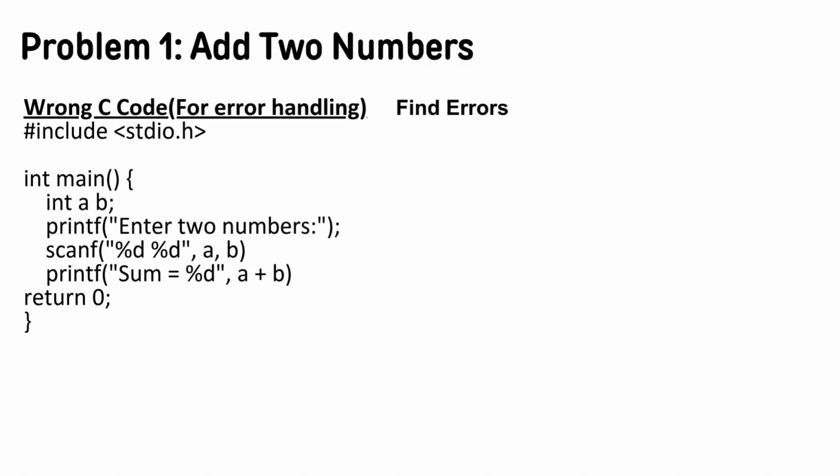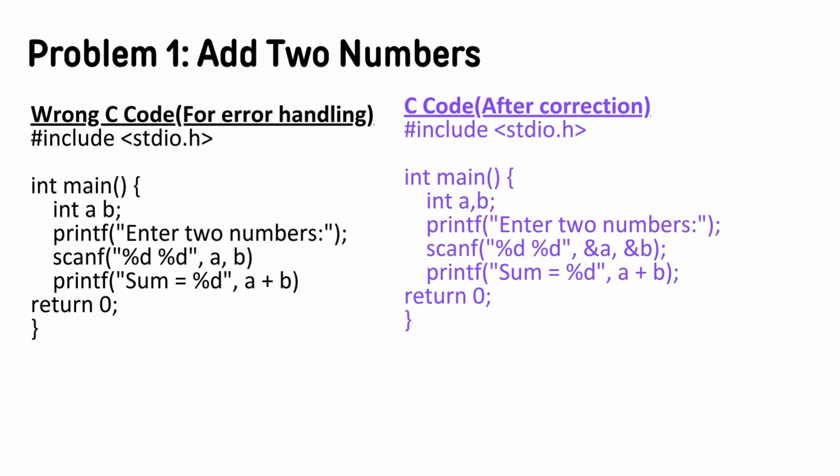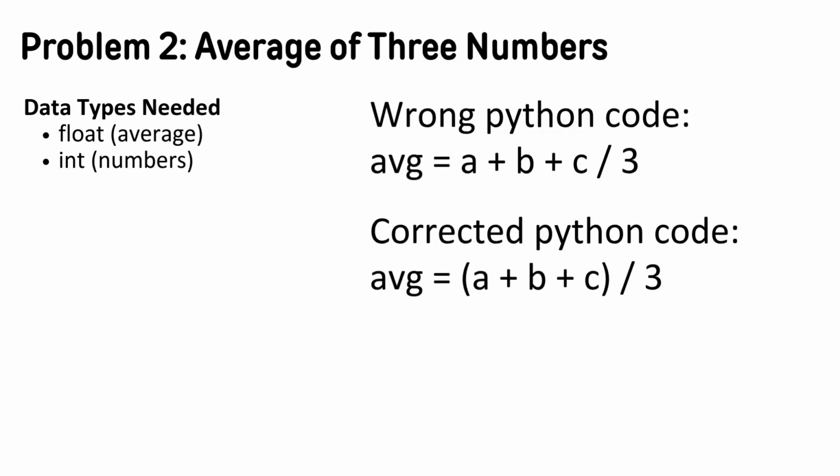Here we are taking two numbers as input. That's why we should write it as scanf percent d, comma ampersand a, comma ampersand b, and the statement must end with a semicolon. So after correction, the C code will look the same as the blue printed line on the screen. Now proceed to the next program.